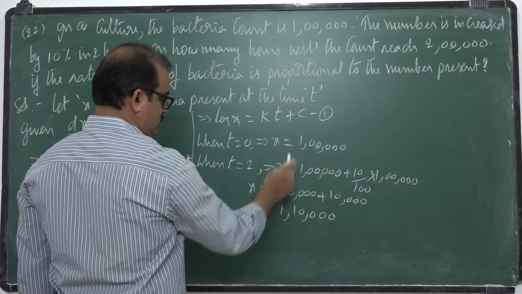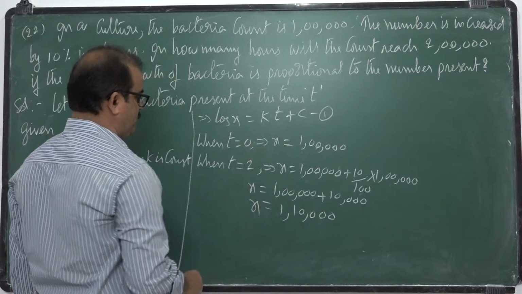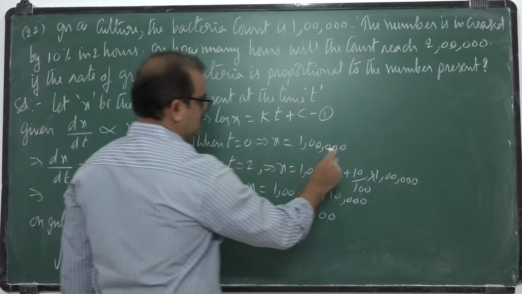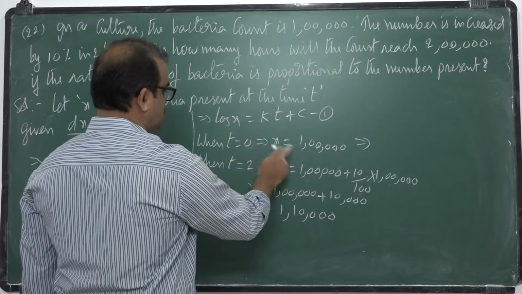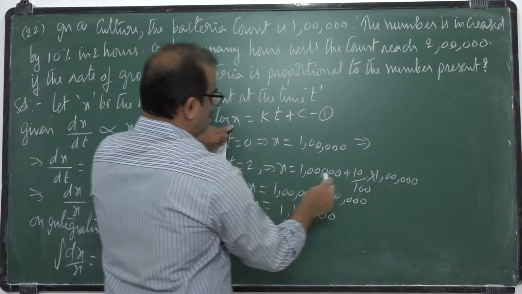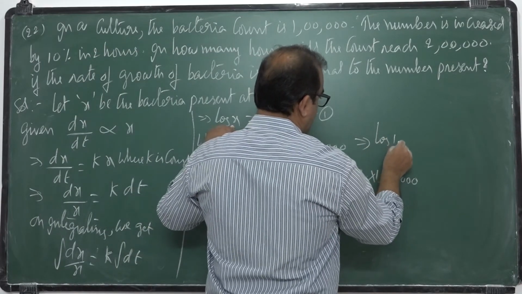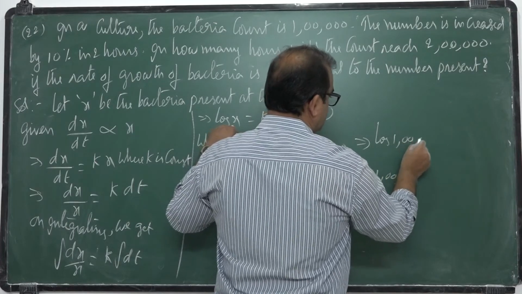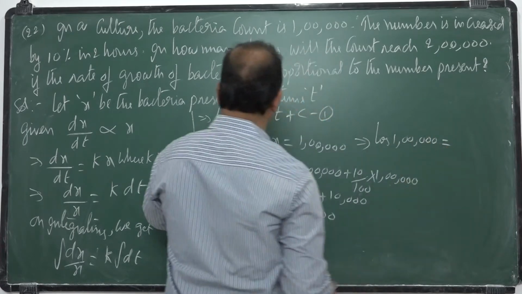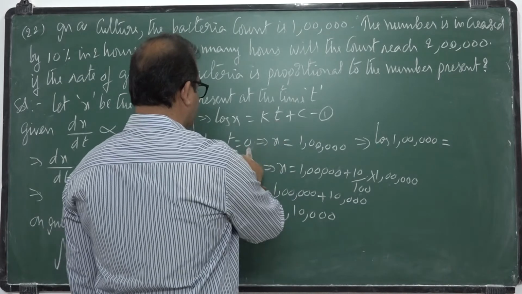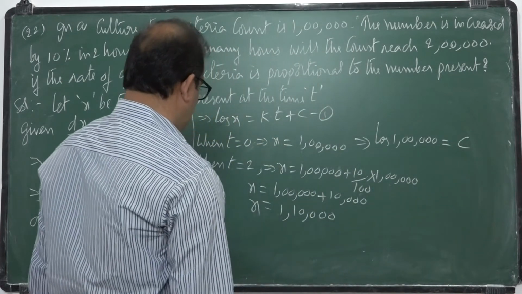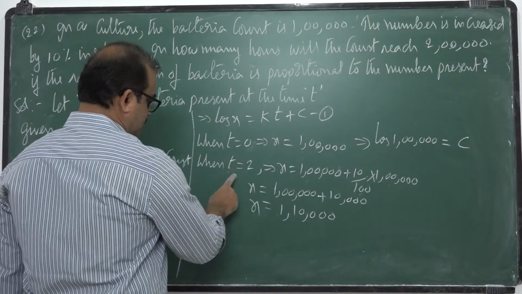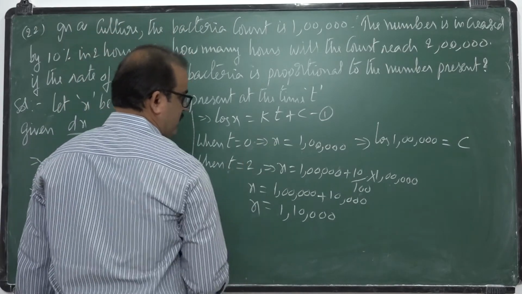Okay, substitute these two conditions in equation 1. When t is equal to 0, x is equal to 1 lakh. Substitute these two values in equation 1. Log of 1 lakh is equal to k into t, t is 0, plus c, that is equal to c. Now substitute the t value and x value in equation 1.